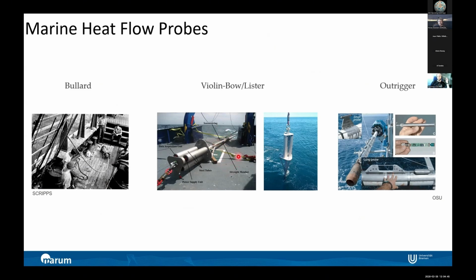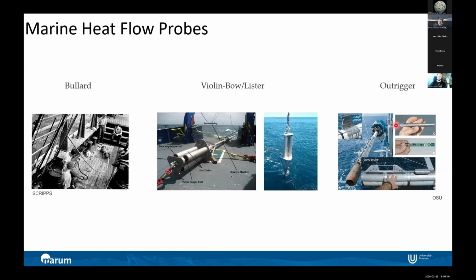Here you see one of those probes on board a Mexican research vessel, where you have the strength member, the sensor string, then you have the steel tubes, and within the steel tubes you have power supply, you have the data acquisition unit, where all the data is stored and recorded. And this is also not just for the electronics, it's also for getting more weight to the probe, because the probes are penetrating by gravity.